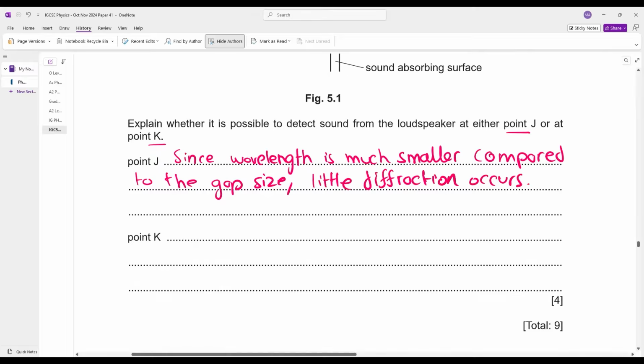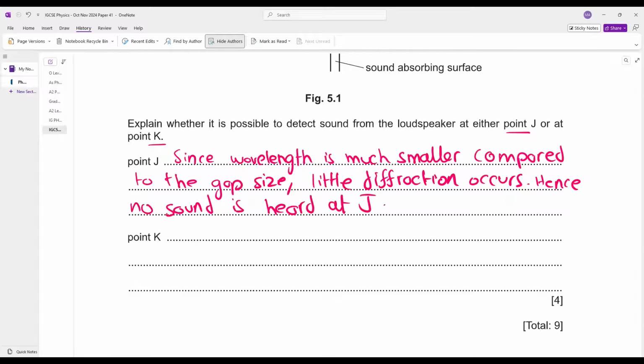Hence, आप क्या कहोगे? What will you say further? Little diffraction occurs. उसके आगे क्या कहोगे बेटा? Little diffraction occur कर रही है जिसकी वजह से क्या हो रहा है? Hence, no sound or little sound is heard at J. Hence, no sound is heard at J.